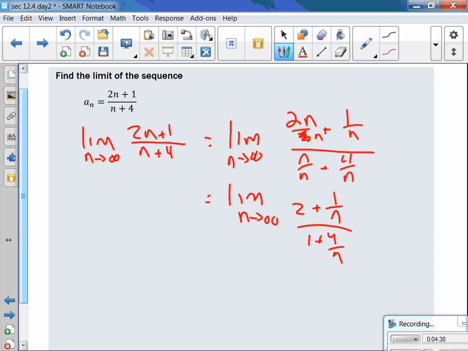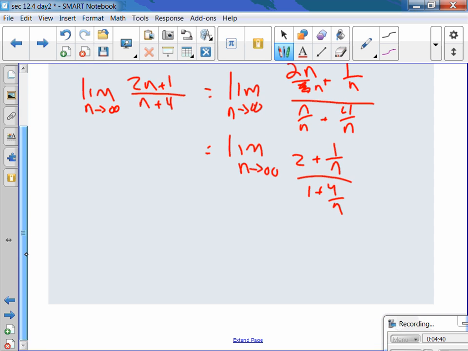I get the limit as n approaches infinity of 2 plus 1 over n, divided by 1 plus 4 over n.